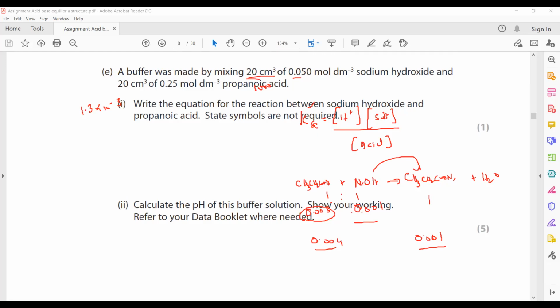Now we need a new concentration for salt. Concentration is the moles, 0.001, divided by volume.